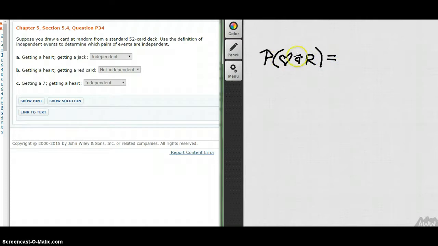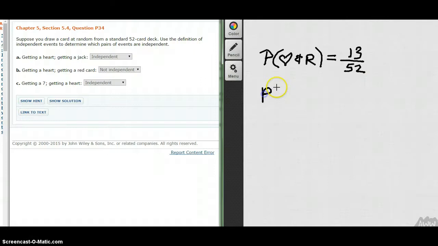Well, if we have a heart, we automatically have a red. If we have a red, we don't necessarily have a heart. So as long as we have a heart, we are satisfying both categories. So in order to get a heart, there would be 13 options out of 52 possibilities.